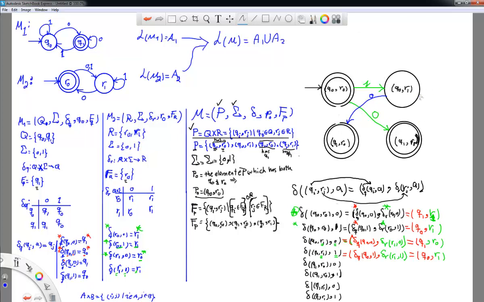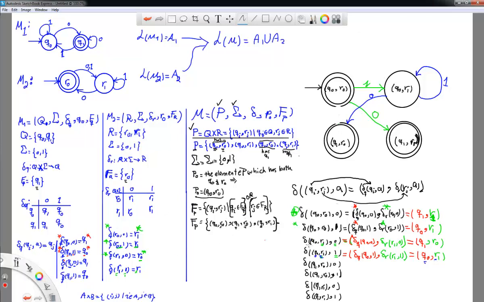So over symbol 1, this state is going to transition back to itself, because we go from q sub 0, r sub 1 here to q sub 0, r sub 1. So with 1, we stay in that state.